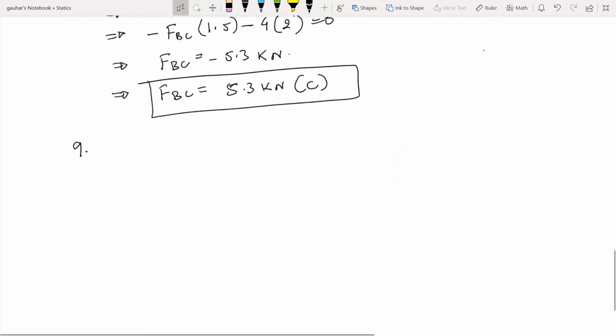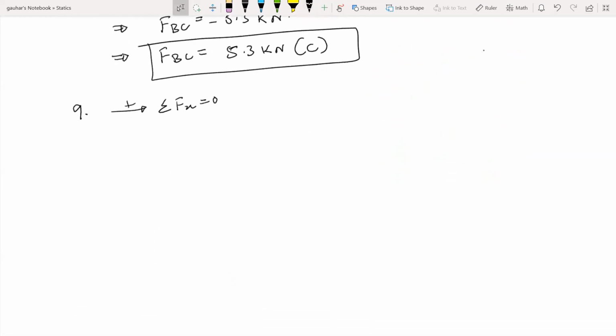Okay. So just let's do sigma Fx equals 0. Rightward positive, sigma Fx equals to 0. We have 4 kilonewton force positive, then we have 8 kilonewton force positive, and then we have FBF times 3 by 5.